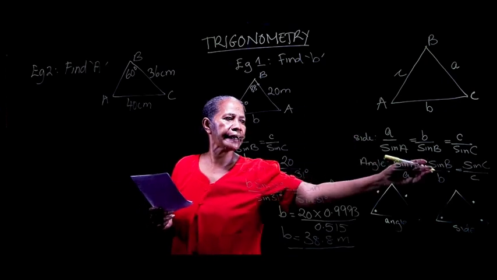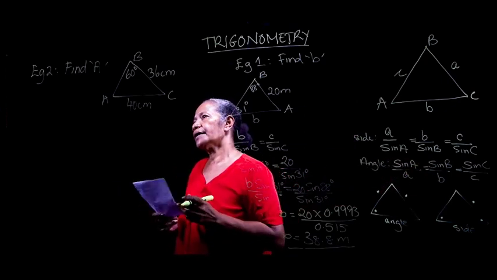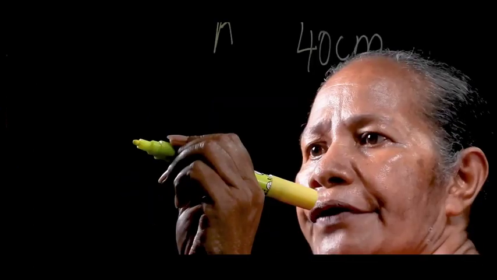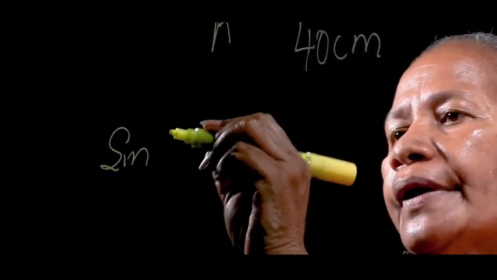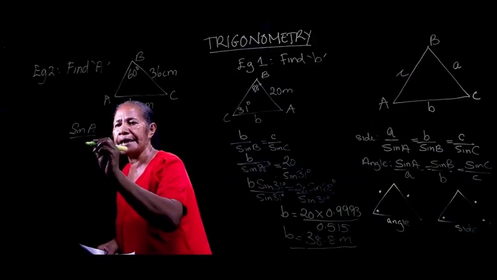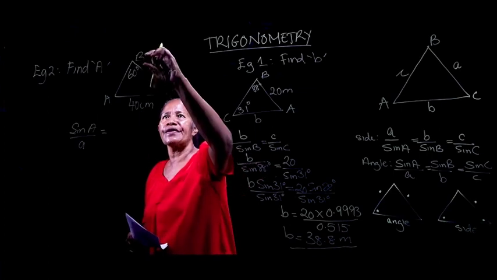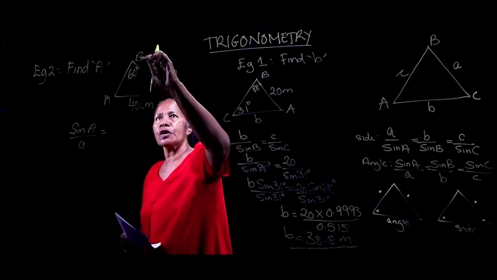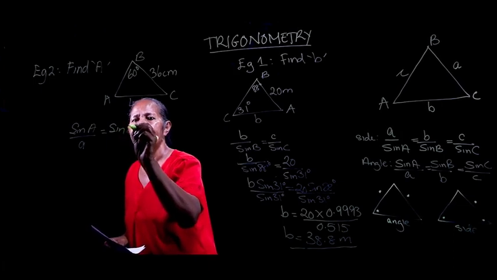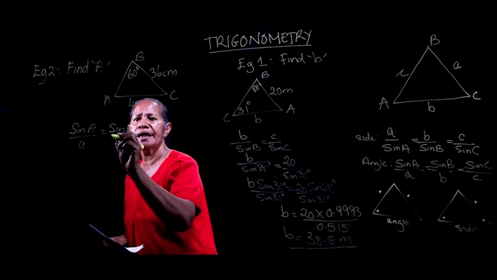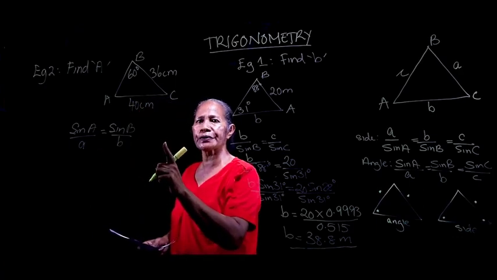To find an angle, we are going to use the second ratio, sine A over a is equal to, and we look at the complete one where the angle and the side are given. So we definitely have sine B over b. Those are the two that we will use.